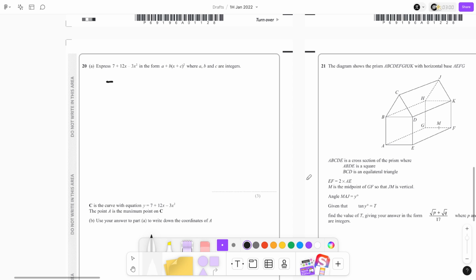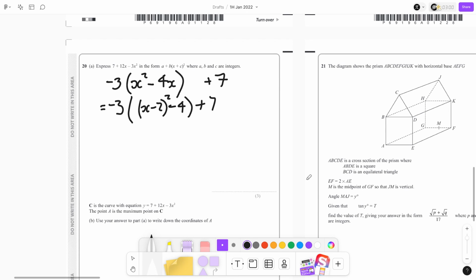So I'm going to take minus 3 out the front, get x squared, and then this is going to be minus 4x. Minus 3 times minus 4 gives me 12x, and then I'm just going to leave the plus 7. So that so far is the same as what we started with. So we're now going to complete the square in this bit. So that's going to be x minus 2 squared. That's going to give me my minus 4x, but it's also going to give me a plus 4. So I want to take away the 4, plus 7.